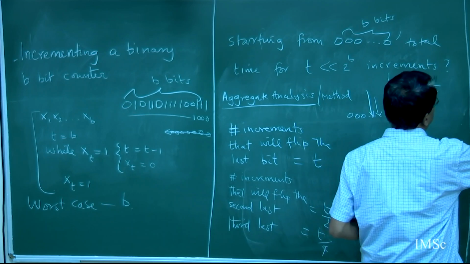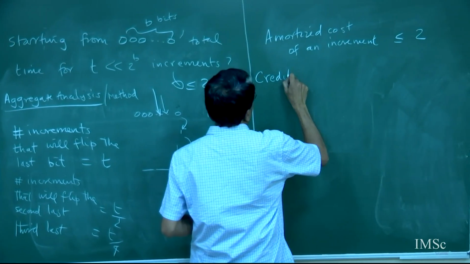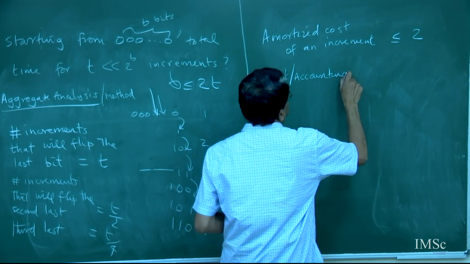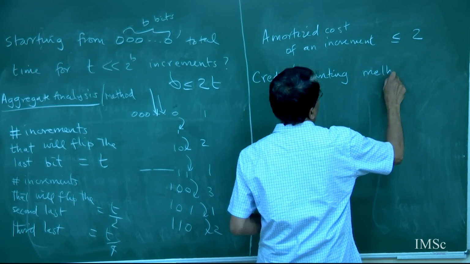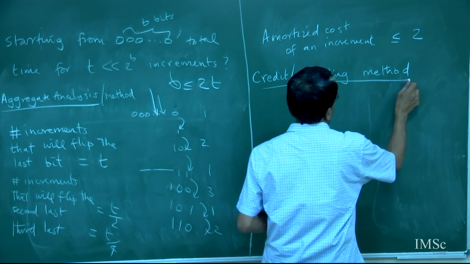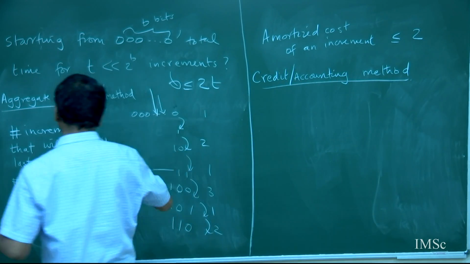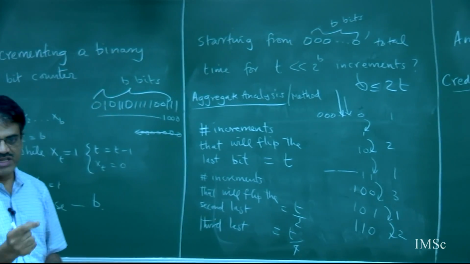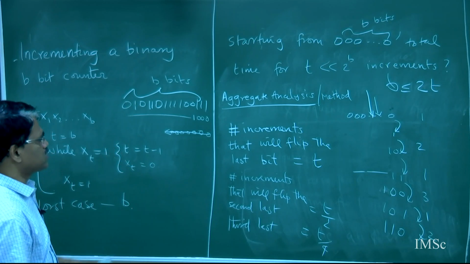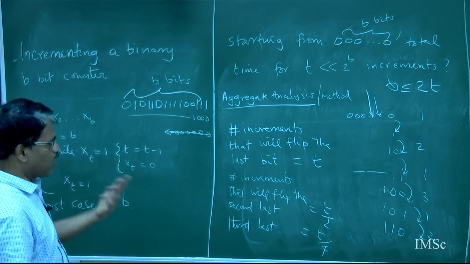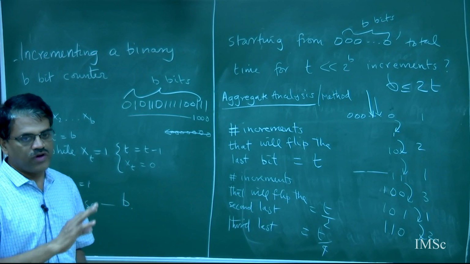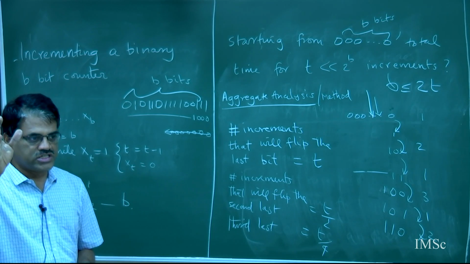Okay. There is another method which is called the credit or accounting method. So all that's happening is that some operations are expensive, some are cheap. Somehow we want to balance the cost and talk about the average expense, right? Average cost. So one way to do this accounting is, let's go back to finding out your average expense.